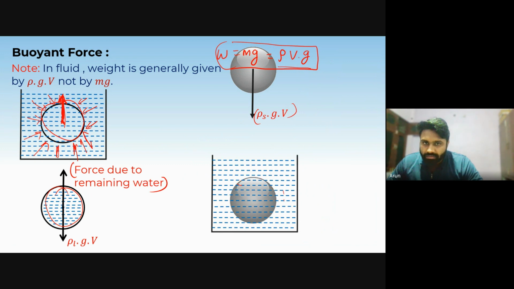Okay. That much volume of water will be displaced by this solid, and the remaining portion of the water will exert a force on this ball. The resultant of these forces will be in the upward direction. Okay, in the upward direction.